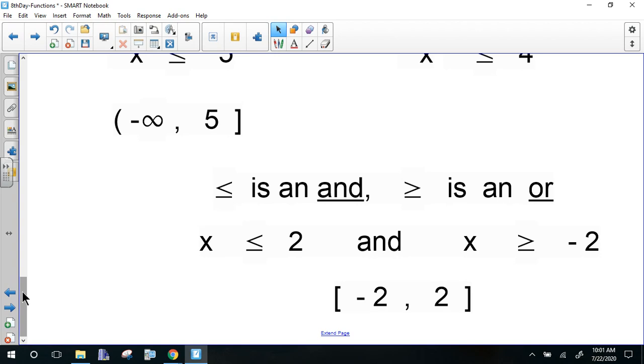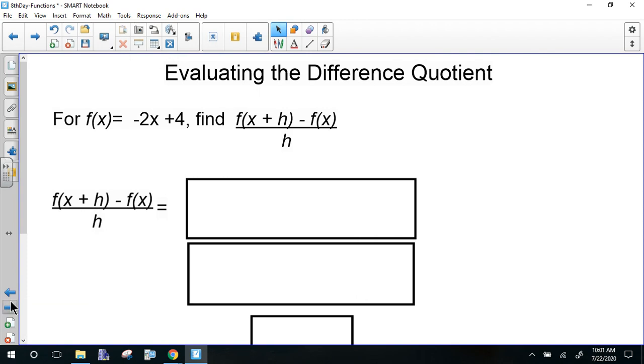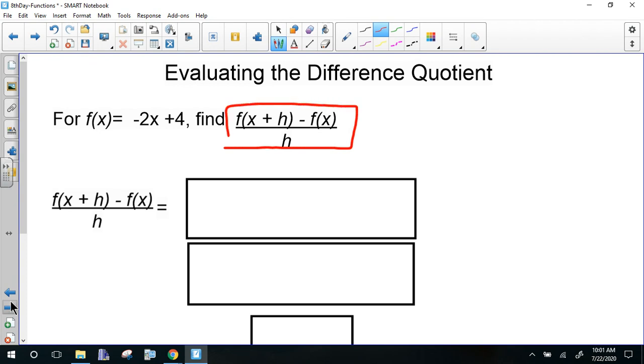And we'll get a little practice with that also. Last thing we're going to look at, or next to last thing, is evaluating the difference quotient. This is known as the difference quotient. We're going to be plugging numbers in for x, or expressions in for x. They've told me that f of x equals negative 2x plus 4.